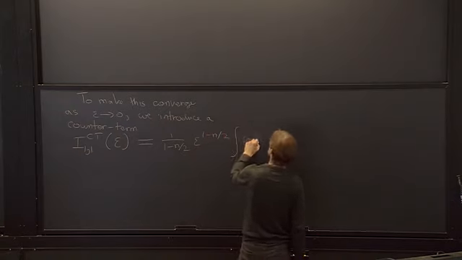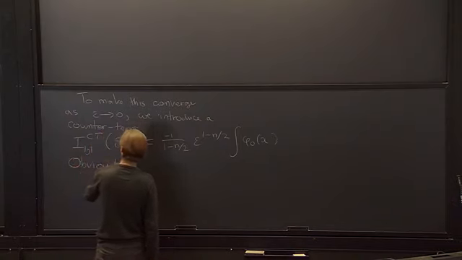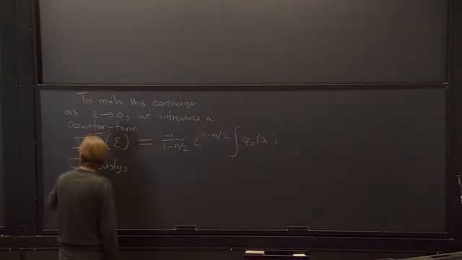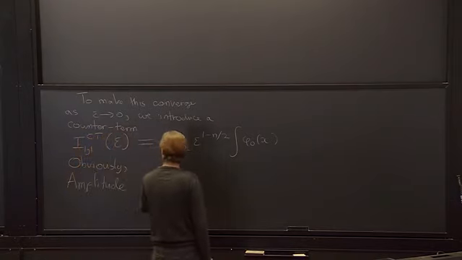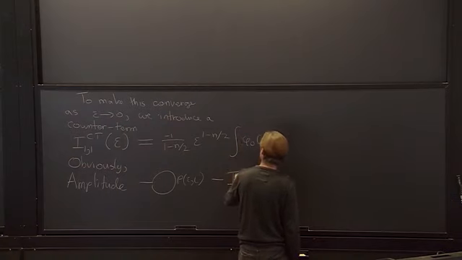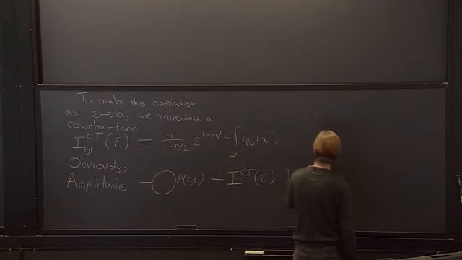And then, obviously, the amplitude with this regularized propagator minus the counter term has an epsilon to 0 limit, and this limit is defined to be the renormalized amplitude.